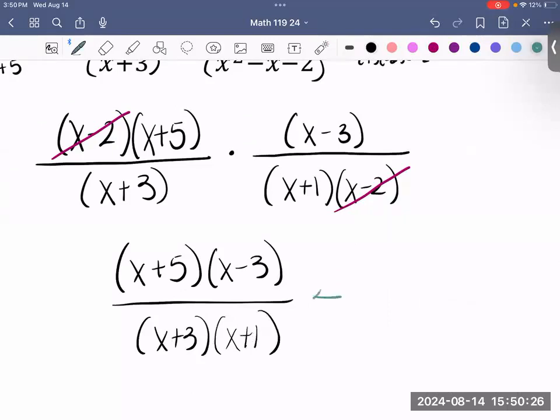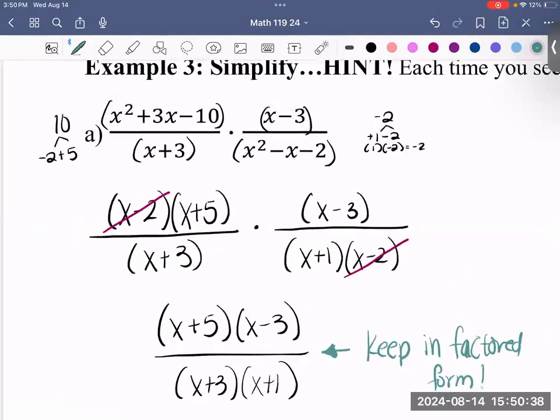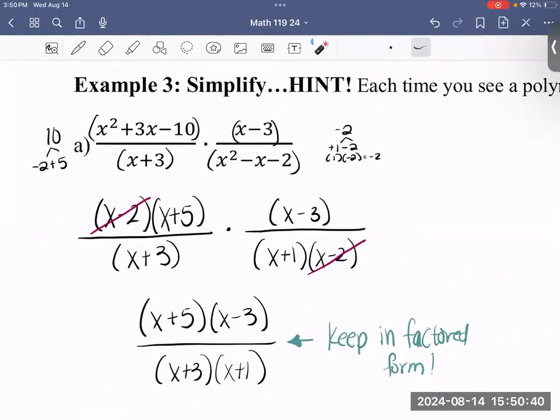Now we always want to keep this in its most simplified factored form. Keep in factored form. And I get it every semester. I'm not sure why. Students start to foil and foil and foil, and then they get lost and it's messy and it's crazy. If you're getting lost and if it is crazy, we did something wrong.